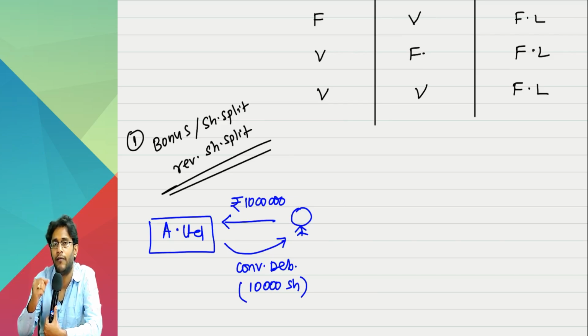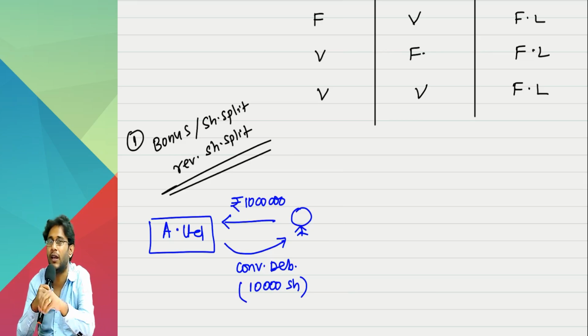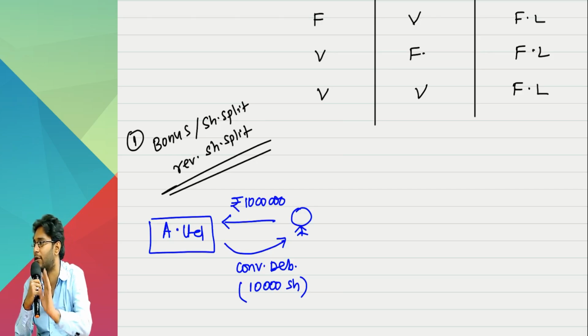Tell me, sir, when you accepted this, did you look at our market price or not? If my market price is 1 rupee, will you accept the deal? No, you are not stupid, no sir. Market price should be around 80 rupees, 90 rupees or something like that. And since time is 5 years, what you believe is after 5 years the price can be something around 150, 160. So even though I gave him 10 lakhs today, ultimately I will receive a worth of 16 lakhs, and a feeling though you accepted this.